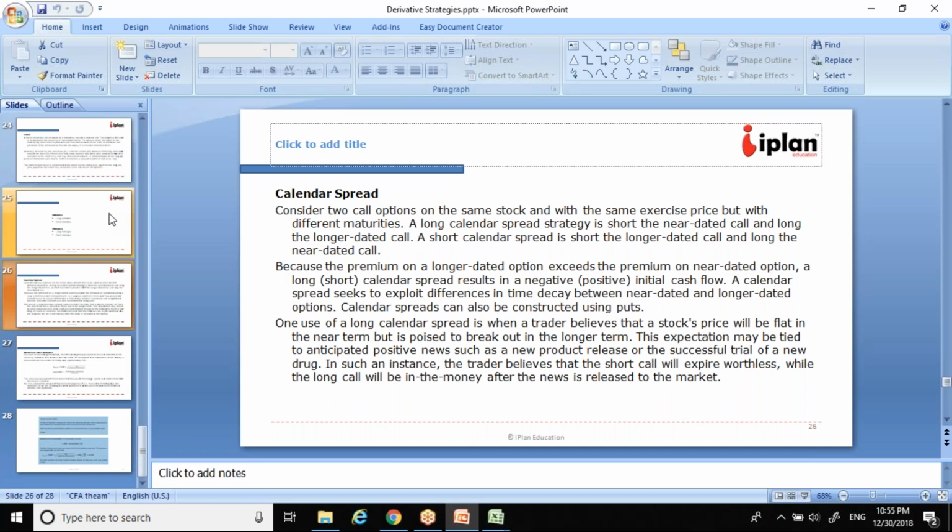So per day, how much will the option lose its value? A long-term contract will lose value at a different rate, and a short-term contract will lose value at a different rate. So we are left with some spread which we can exploit at the time of expiry. So that is about calendar spread.